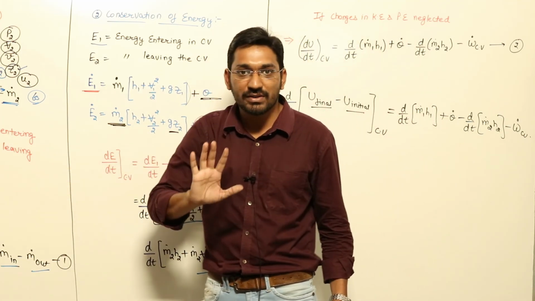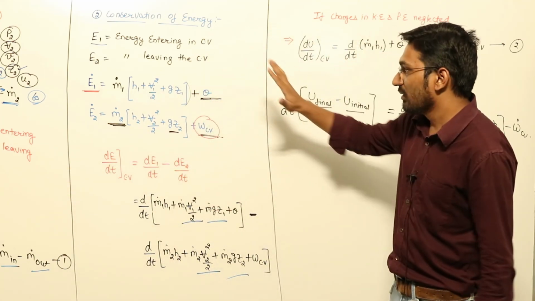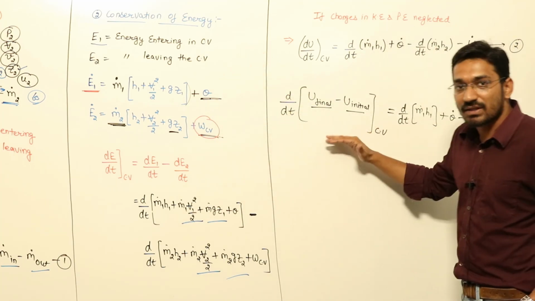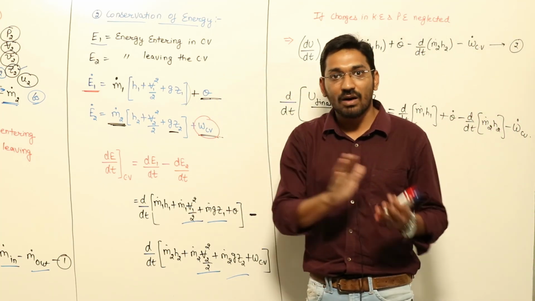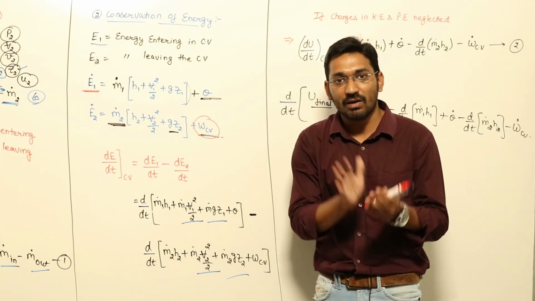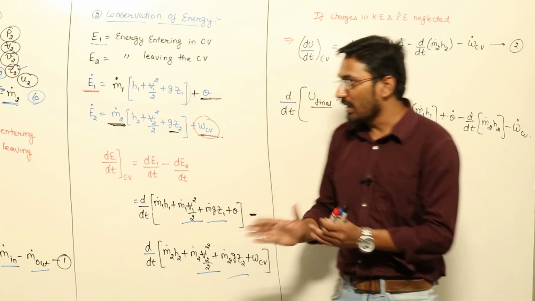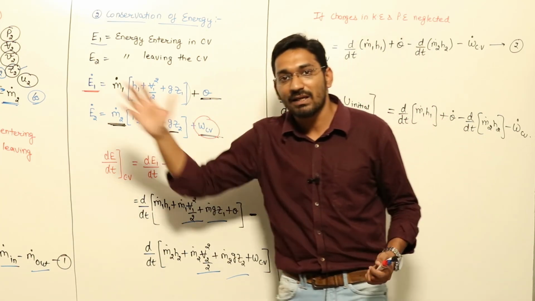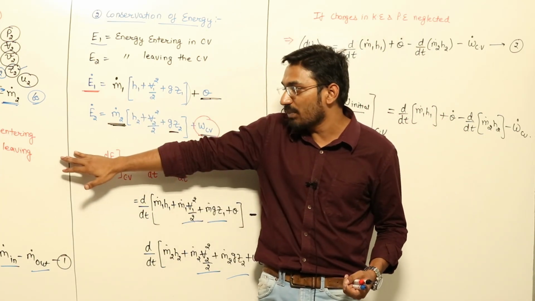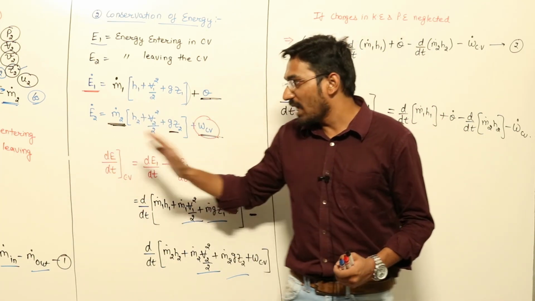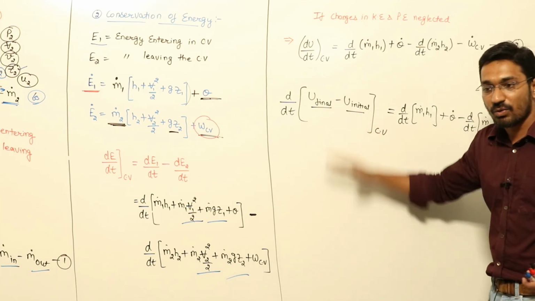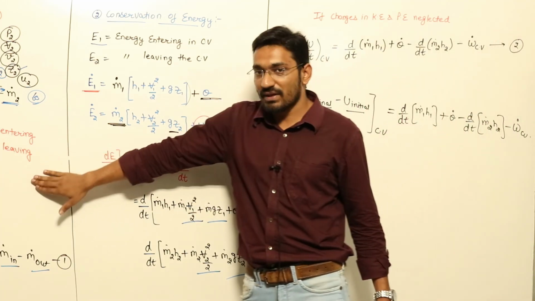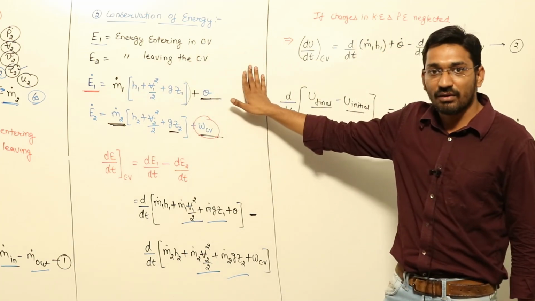Further simplification will add some more assumptions, so we will not stick with the assumptions. You need not learn the assumptions, right? These are the basics. These equations can apply to any question, any process, any system. So we are not simplifying it further to make more assumptions. We will stick to the equations of conservation of mass and conservation of energy.